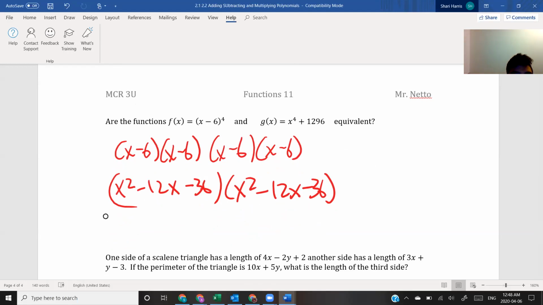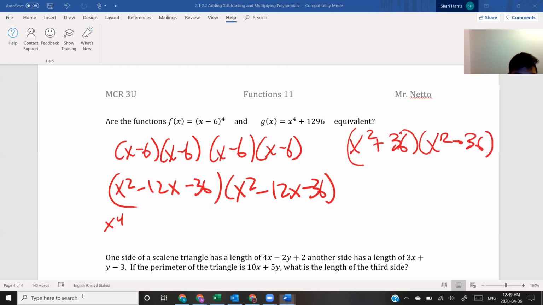No, because I'd have x to the 4. Well, it could be actually, no, I don't think so. No, it doesn't work, because this perfect square trinomial would be x squared minus 36.